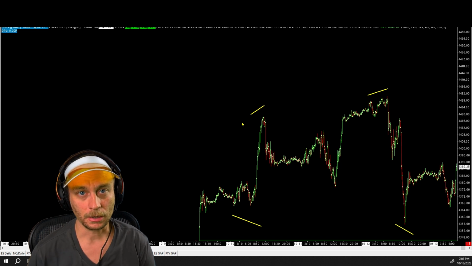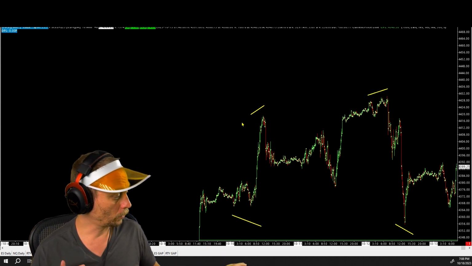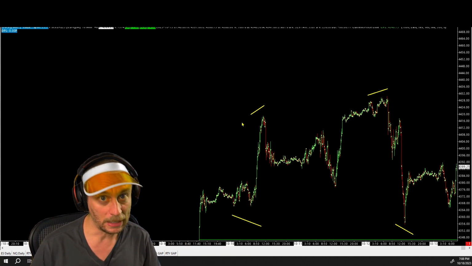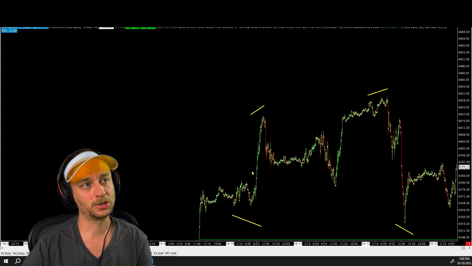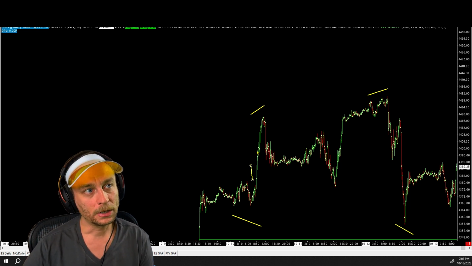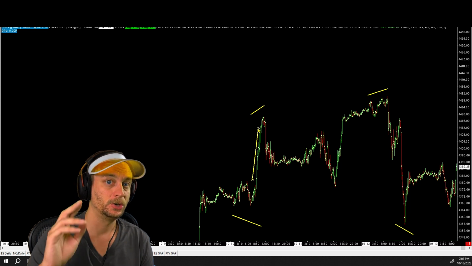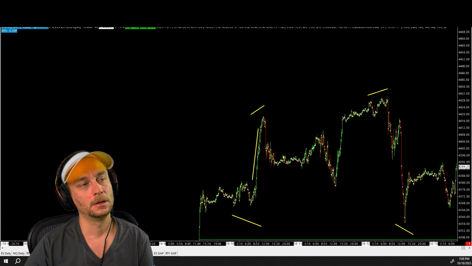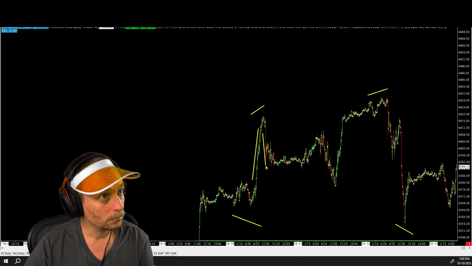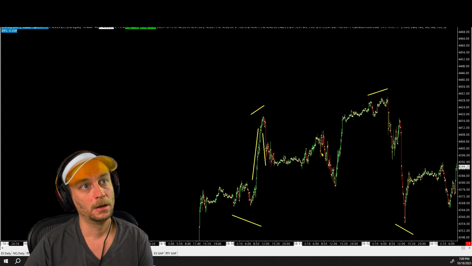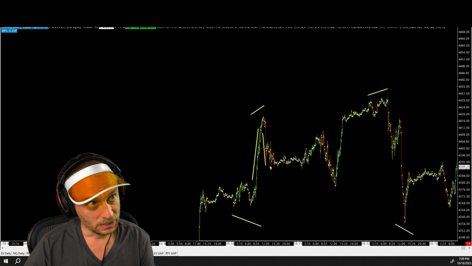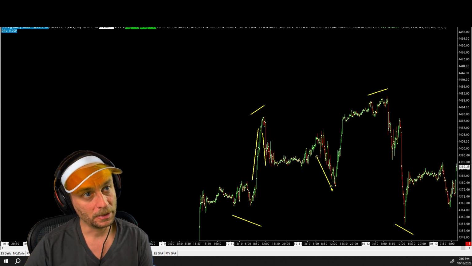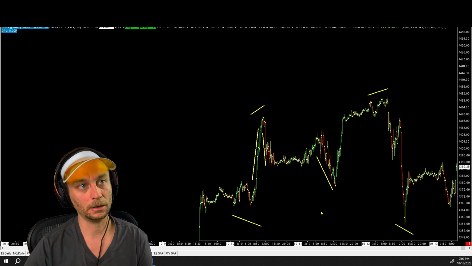Well, here's the thing. And this works, and it's in ES and Q especially. When the market runs in one direction, there's a good chance they're going to take that run back. And as you can see, they don't take the entire run back. They take half of the run back in this example, but then they take it all the way back right here. Okay.